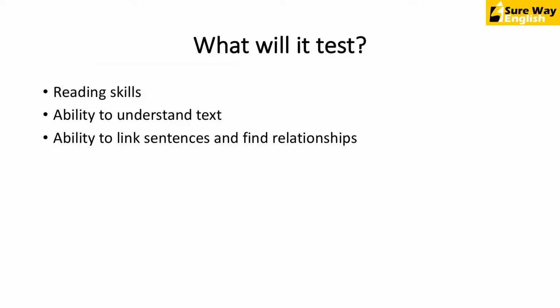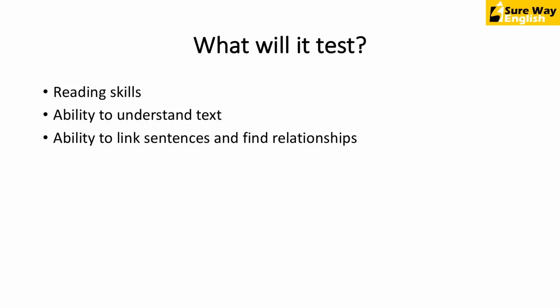It's a test of your reading skills, essentially testing how well you can understand a text, and how well you are able to link different sentences and find relationships between different pieces of the text, because that's what determines the order in which you place those paragraphs. If you are able to tell the relationship between the paragraphs, you will be able to arrange them correctly.